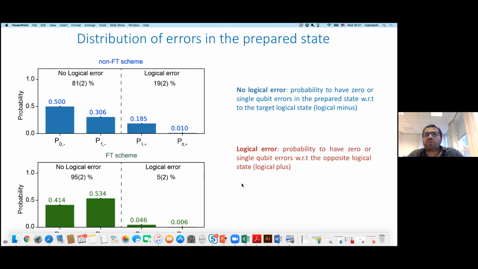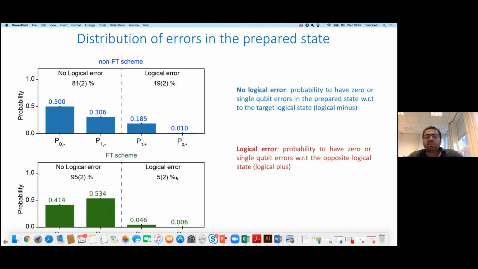So these are 32 states in total. These 32 possibilities can be grouped into these two parts. First, the probability to have no logical error. That's the probability to have a 0 or single qubit error. And the right part is the probability to have 0 or single qubit error with respect to the opposite logical state.